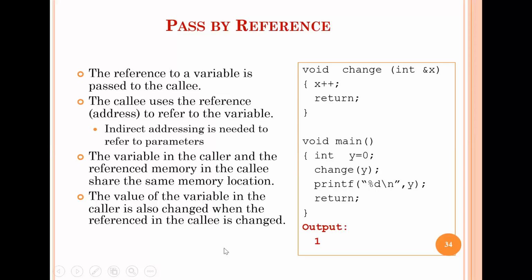That means the point where the actual data was stored and the point where the procedure is referring to that data will have a pointer indicating the same value. The value of the variable in the caller is also changed when the reference in the callee is changed.